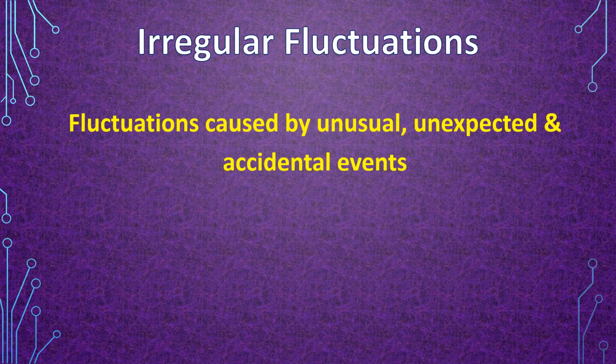The irregular fluctuations are those caused by unusual, unexpected, and accidental events like earthquakes, strikes, floods, etc. These events cause sudden transition of affairs from one state to another, and the irregular fluctuations are random in nature. These fluctuations are different from the other three components as these are not only erratic but also unpredictable. These fluctuations do not have a repetitive tendency.